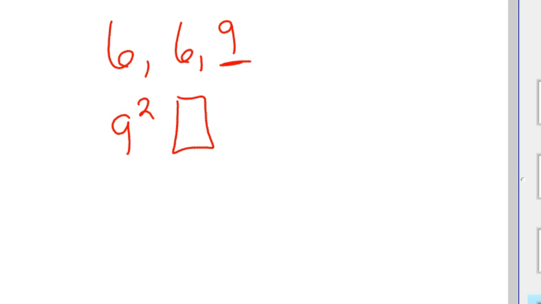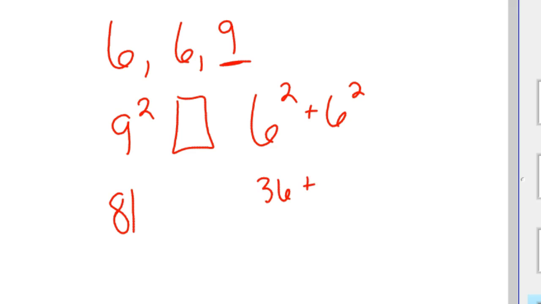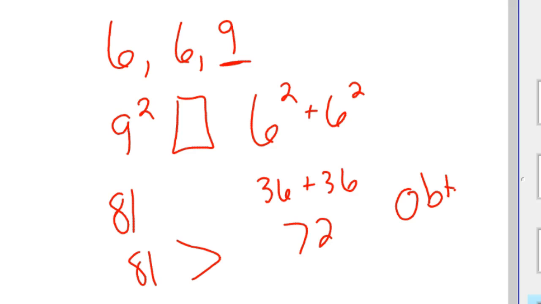We're not sure if it's greater than or less than 6 squared plus 6 squared. So 81 for 9 squared. This would be 36 plus 36, which is 72. And this is 81, greater than. So if 81 is greater than 72, again, we've got another obtuse triangle.